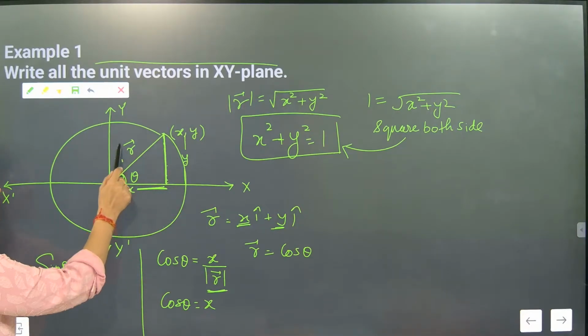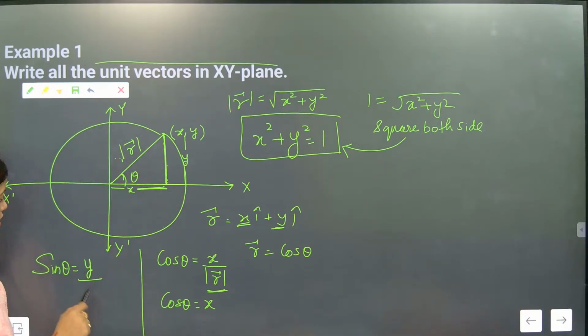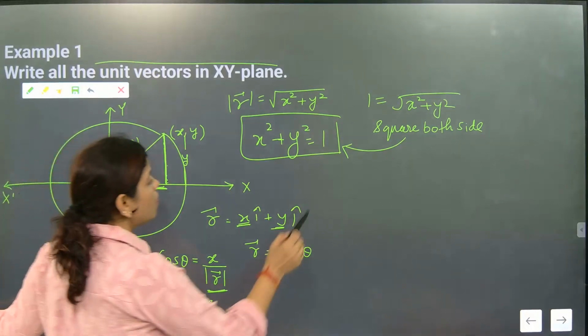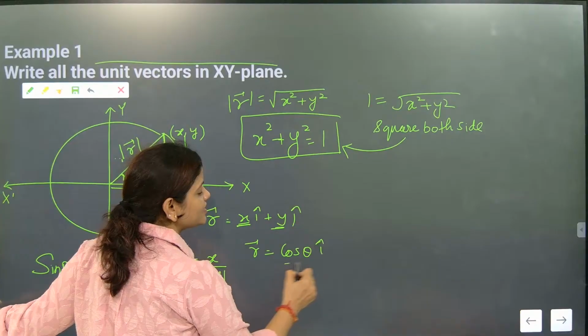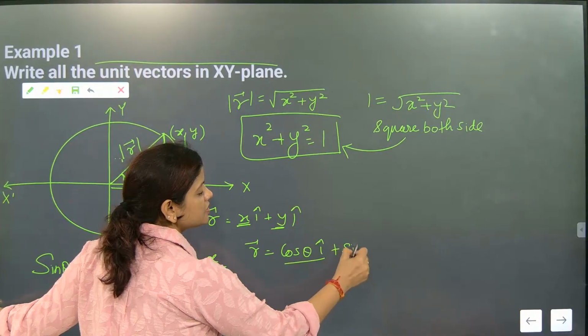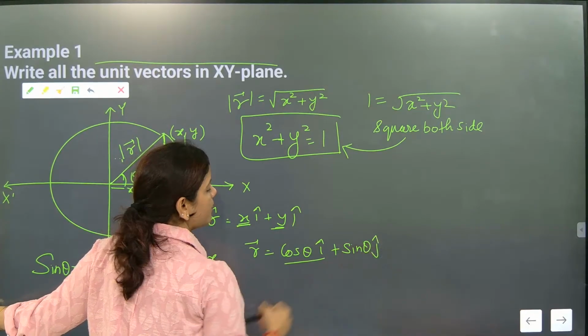Got it? So here it will become r vector. So y comes as y only, because the hypotenuse value is 1. So here this into i cap is the x component and this into j cap is the y component.